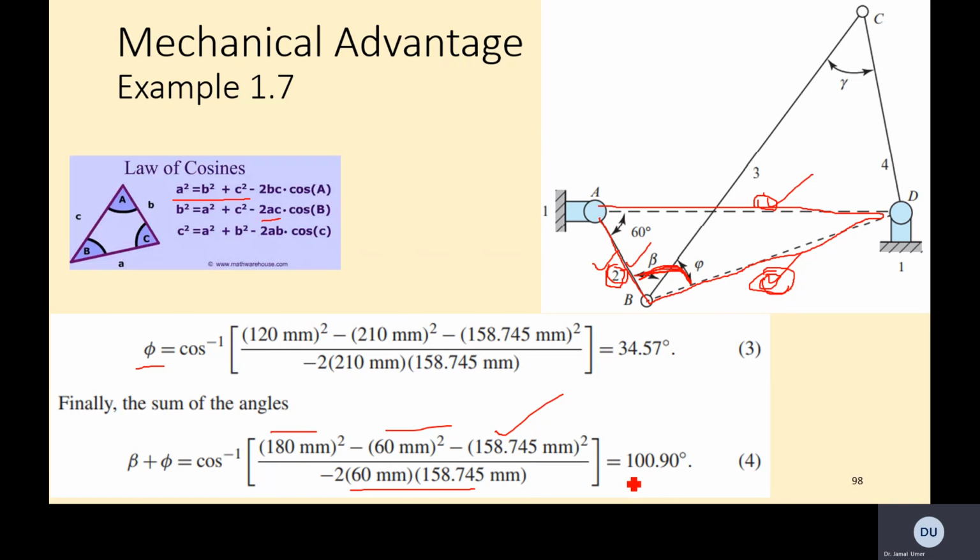So here he is finding the total angle, which is beta plus phi is 100.90 degrees. So you can work out, then it's very simple. Because you know beta plus phi, which is 100, and you already calculated phi by evaluating another triangle, you can use these two equations to find out what the beta angle will be, because you know phi.